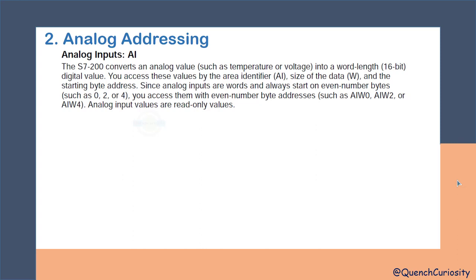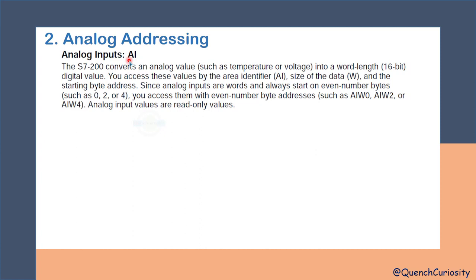That means it is going to occupy 2 bytes of memory, which is 16 bits. Therefore, the addressing format is AIW0, AIW2, AIW4 and so on. As it is using 2 bytes of memory, we have a difference of 2 with each consecutive addressing. Now, this is for analog inputs.